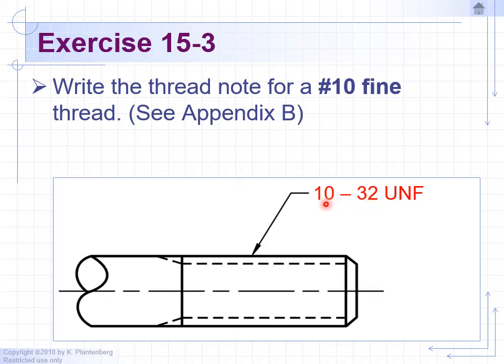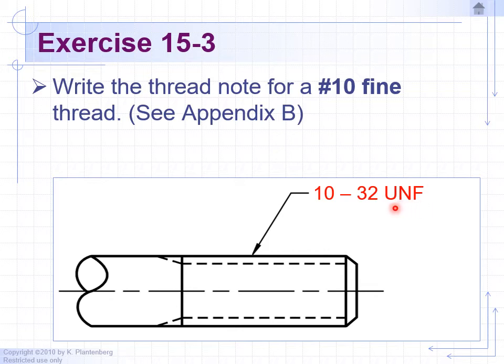Okay, so you would call it out, the external thread is a 10-32, meaning 32 threads per inch if this has a length of 1 inch. If it had 2 inches in length, multiply times 32 and you would have 64 threads. So again, you always call it out as how many threads per inch.